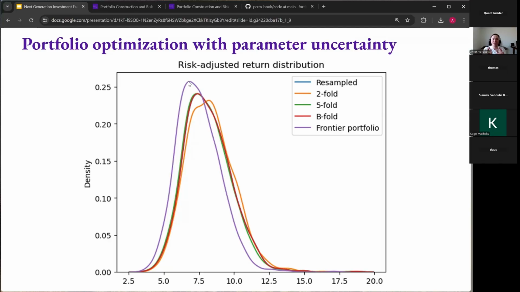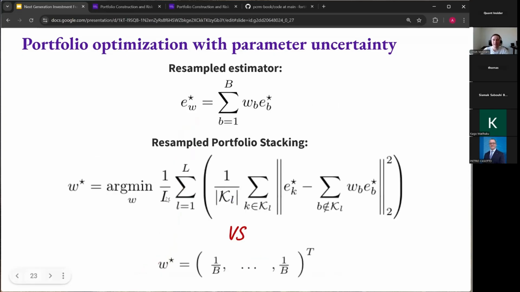Then you can see that it doesn't have as good a risk-adjusted return distribution as we can get. And then for this resample portfolio, this is just the one that takes equal weight as in the original suggestion. It's hidden there in between the green and the red curves. But you can see that if we use this twofold exposure stacking, then actually we can get better out-of-sample risk-adjusted performance. So this fold parameter is basically this L, how we split up the data in this case.